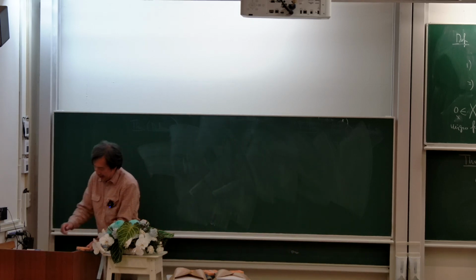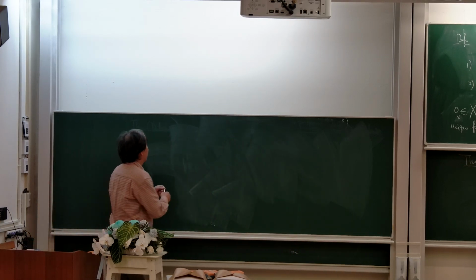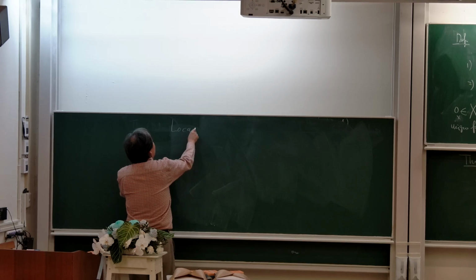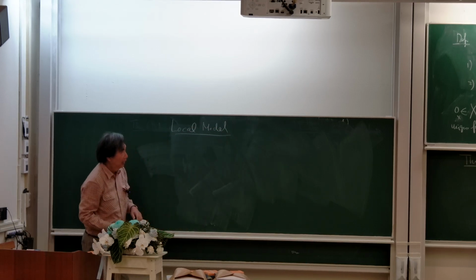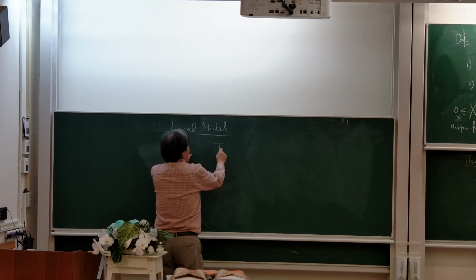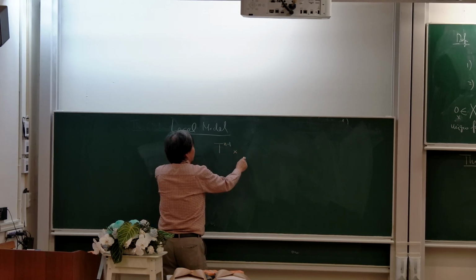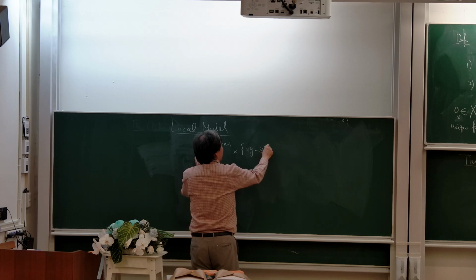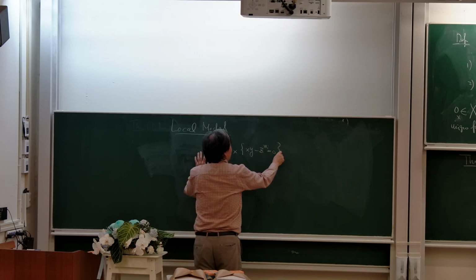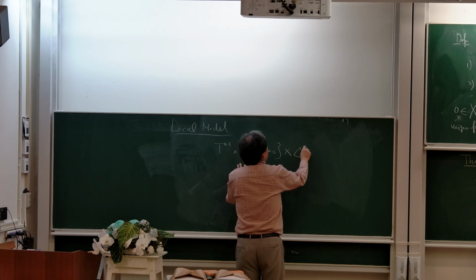Here is the local model. It is given by xy minus z to the mi equals 0, times T^(n-1) times Delta^(n-1).